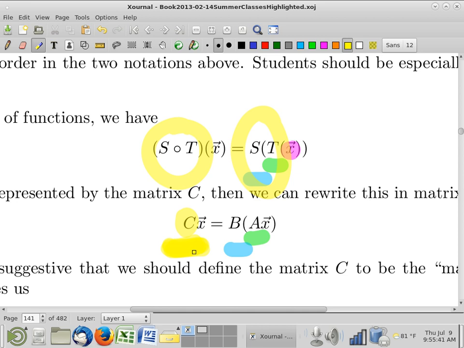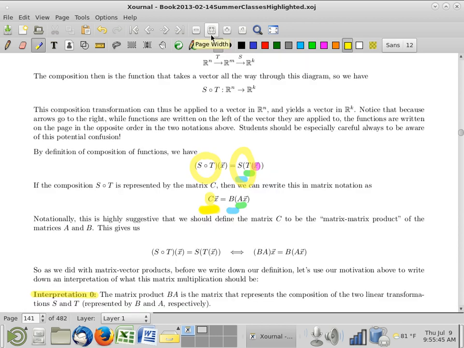Because, I mean, look how the algebra works out. I need, for this matrix C, to be the same as first multiplying by A and then multiplying by B. And if I want this matrix multiplication to be associative like that, I don't have any other choices. Right?